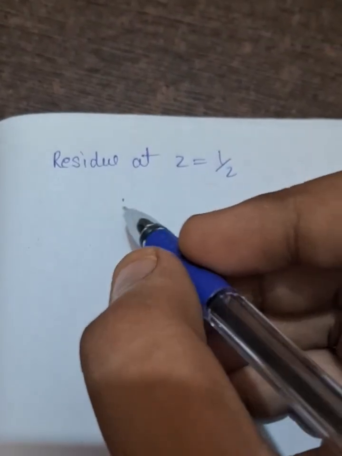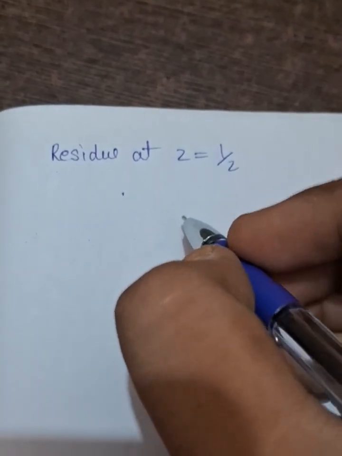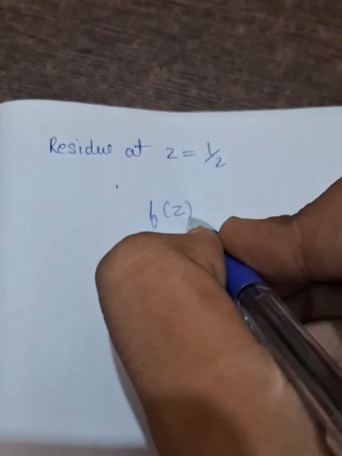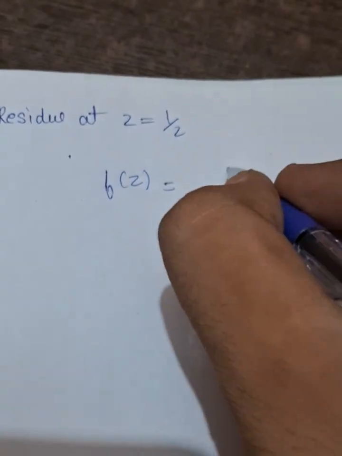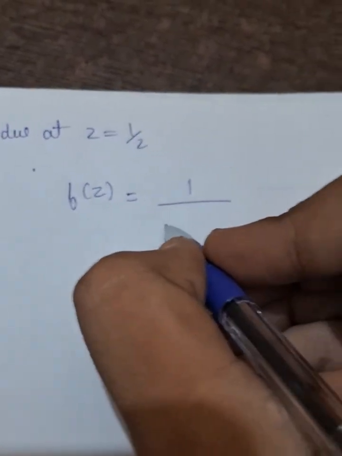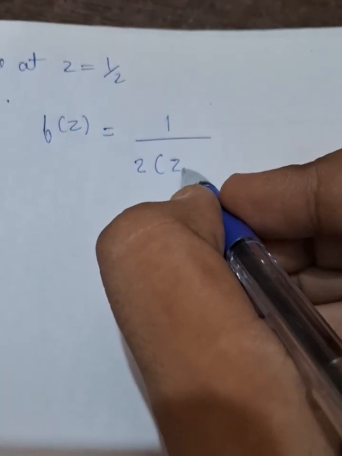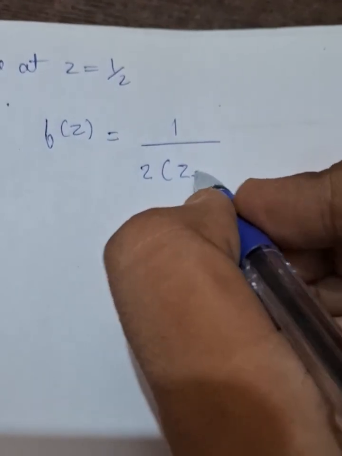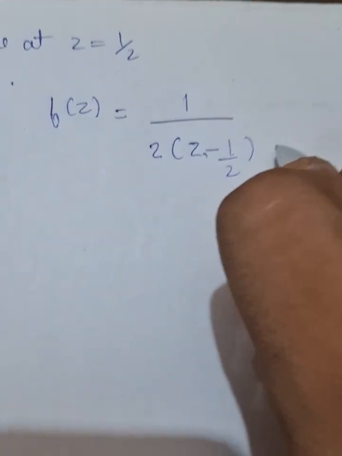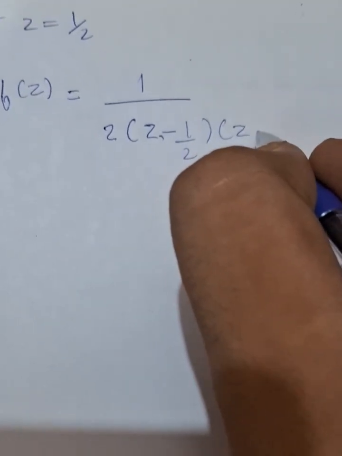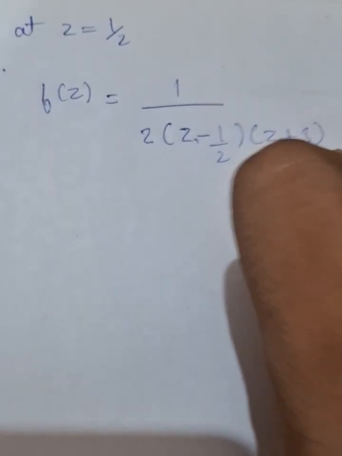First we apply the residue at z equals 1 upon 2. We have f(z) now as 1 upon, basically we find both the points, first point was 1 by 2, so 1 upon 2 into (z minus 1 by 2) and (z plus 3). So this is our equation.